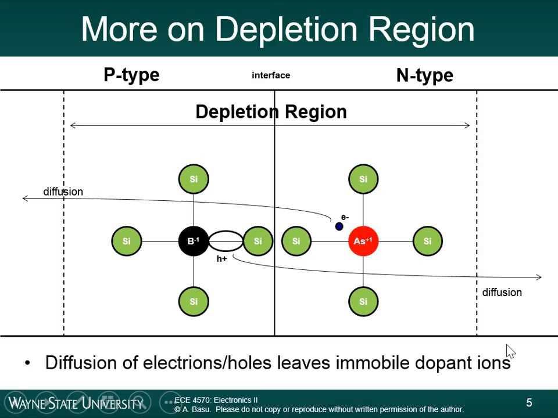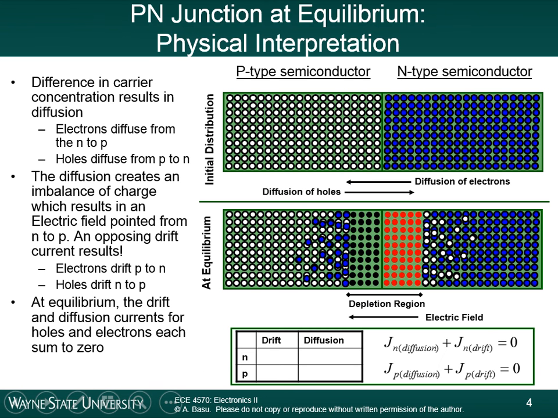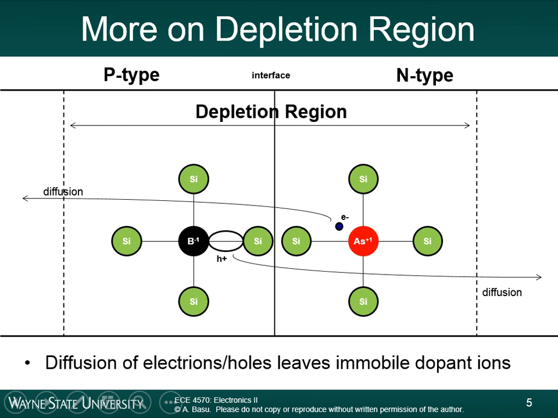When the electron diffuses over to the p side of the junction, it leaves behind a positively charged ion. The red circle in this chart represents this arsenic ion. So the electrons diffuse over this way, leaving behind this immobile charge.